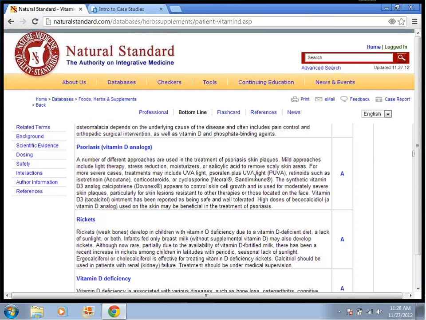I give high dose vitamin D to my psoriasis patients and they get better. But if we go to Natural Standard, we'll see this has already been investigated in multiple large clinical trials. And vitamin D and vitamin D derivatives are actually one of the leading frontline defenses in the allopathic approach to psoriasis, whether orally or sublingually or UV radiation beds. And so that's a very common treatment for psoriasis.